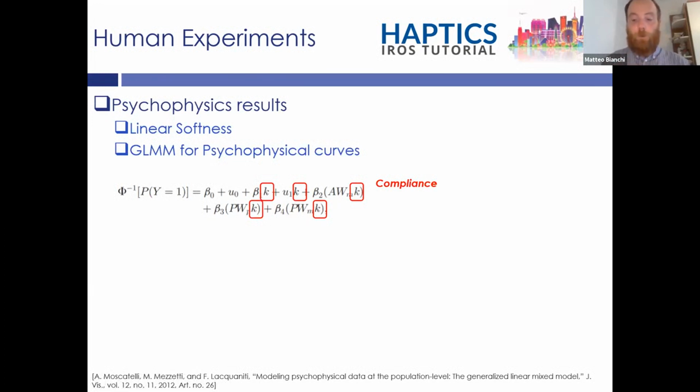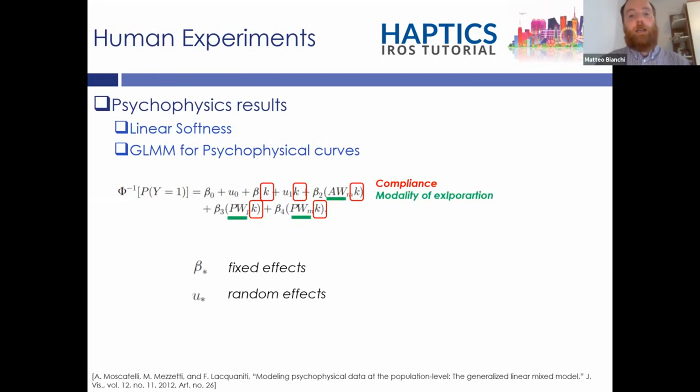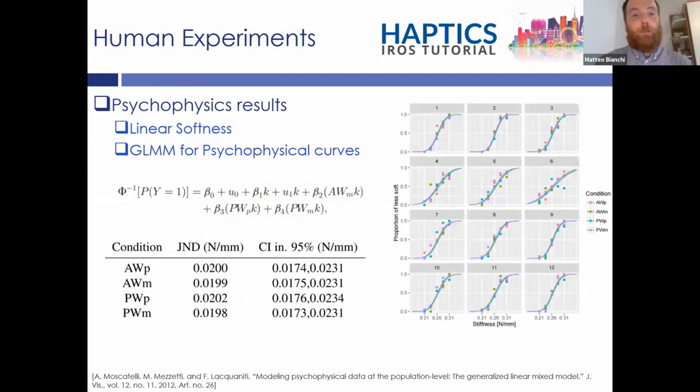And in this case, we wanted to test whether the compliance of the fabric and the modality of exploration affected the perceived softness in the users. And this is the model, so the compliance, the modality of exploration, and the fixed and random effects. And these are the results.